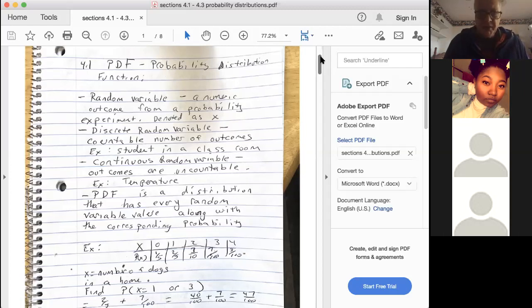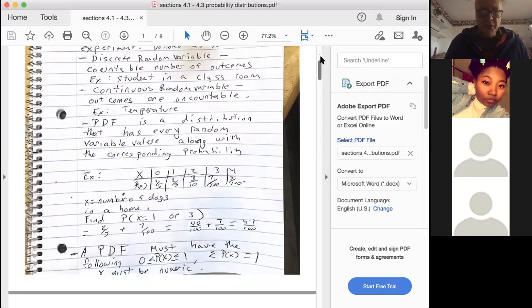Now, what is this idea of a PDF, and how does it tie in with the random variable? Well, a probability distribution function has every random variable value that it can take on for a probability experiment, along with the corresponding probabilities. So for example, here's a probability distribution function. X always represents random variables. That's the variable we use for a random variable. The outcomes are 0, 1, 2, 3, and 4.